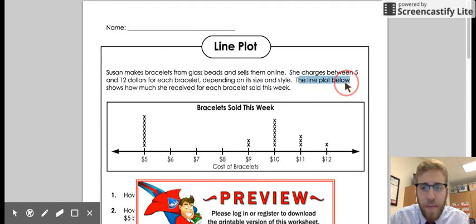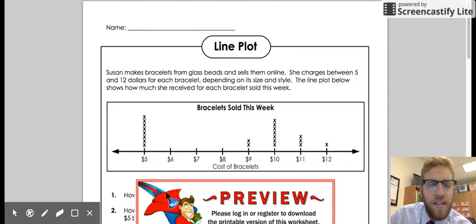It says the line plot below shows how much she received for each bracelet sold this week. So we can look and see, okay, here's the cost of bracelets, $5. So here's all the bracelets that were $5, and each X stands for one bracelet that was sold. So here's one bracelet, here's another, and so forth all the way up to the top.